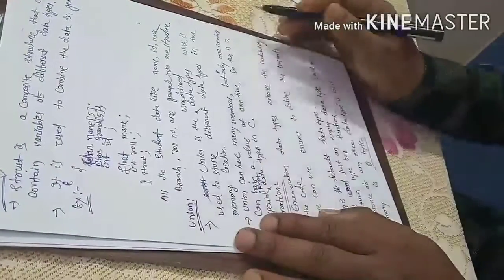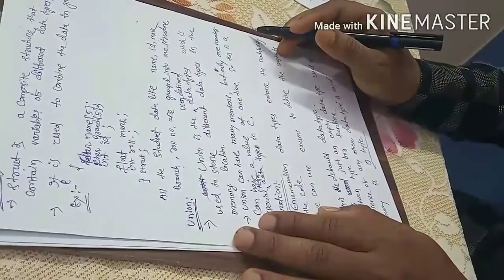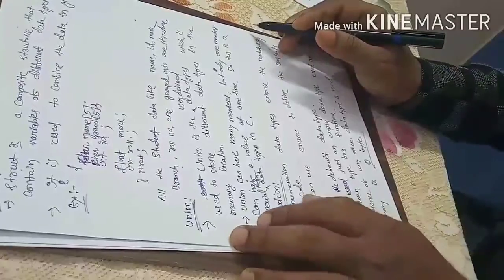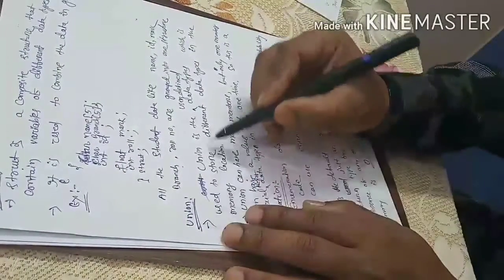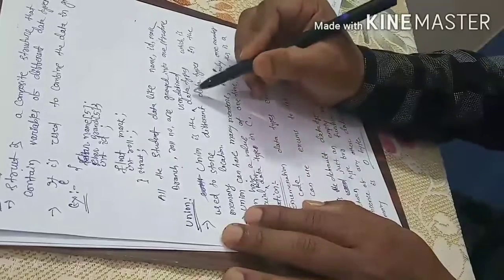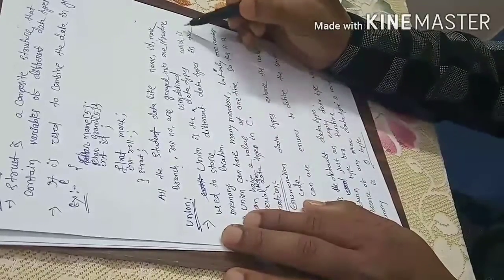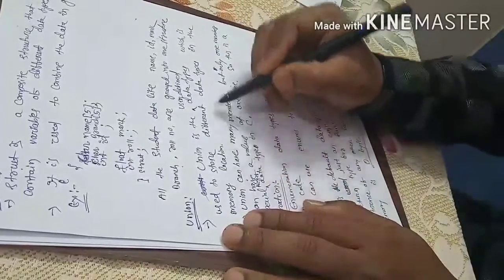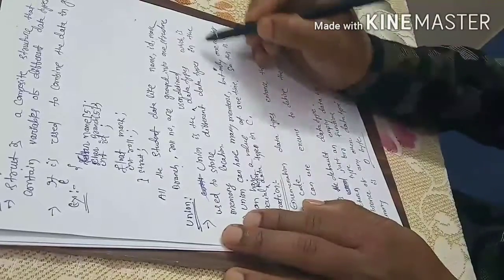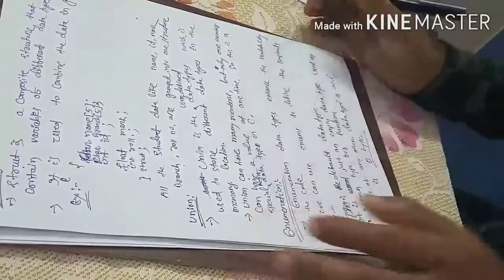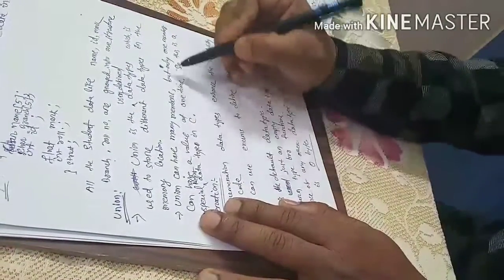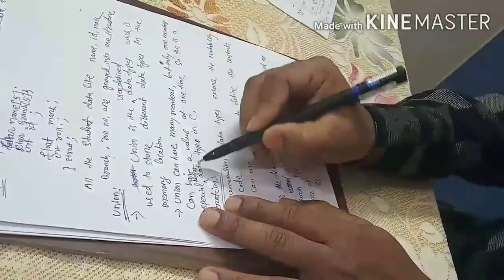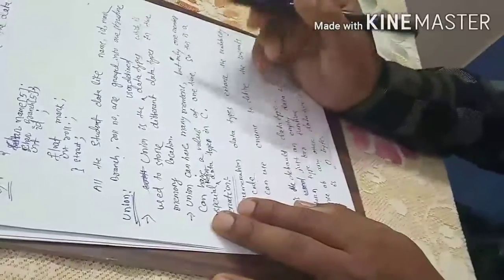What is union? Union is also part of the derived data types. So what is union? We'll see. Union is a user defined data type which is used to store different data types in the memory location. One more point: union can have many members, but only one member can have a value at one time.